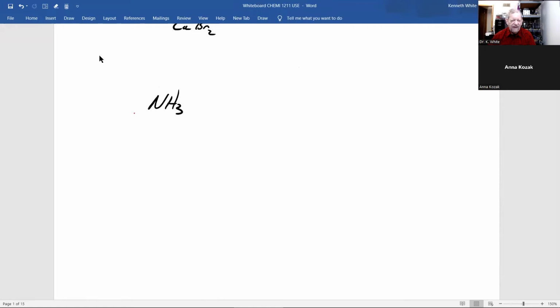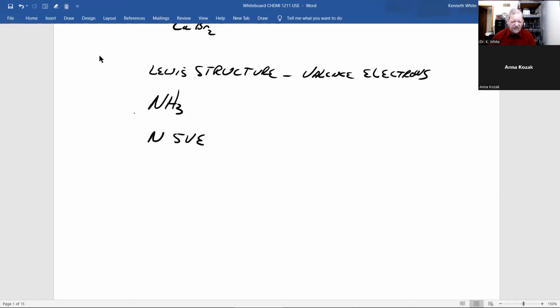Now, first of all, Lewis structure means valence electrons. And so if you look at the periodic table, nitrogen has 5 valence electrons, hydrogen 1 valence electron.